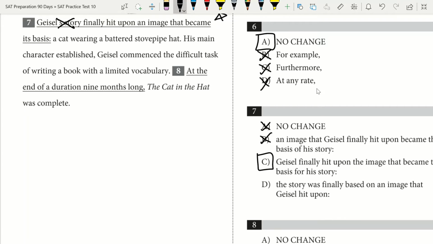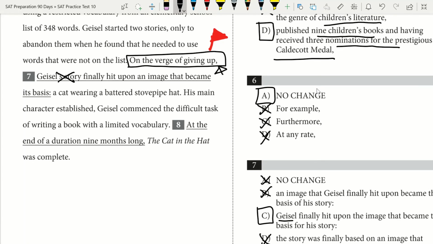The modifier or the modifying clause or phrase has to be directly next to who it is modifying. In this case, it's Geisel, right? And the only option with Geisel as the first word is C, so I know C is going to be correct for number 7. All right, so anytime you see an introductory modifying clause, and you'll know that because it has a comma after it, it's at the beginning of a sentence, and you're asking yourself, who is that applied to, or where is that applied to, that's going to be an indication.